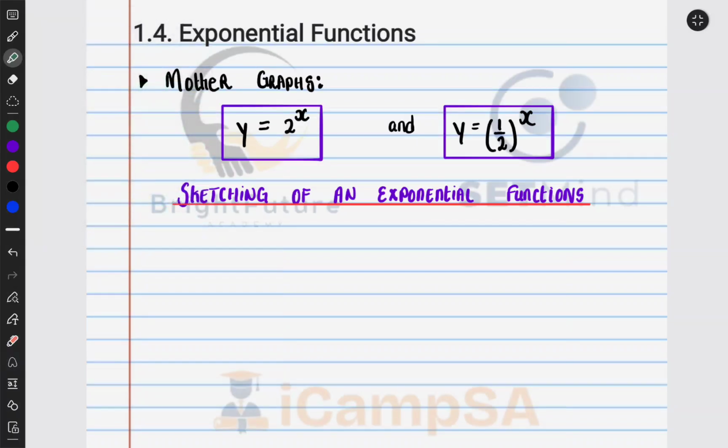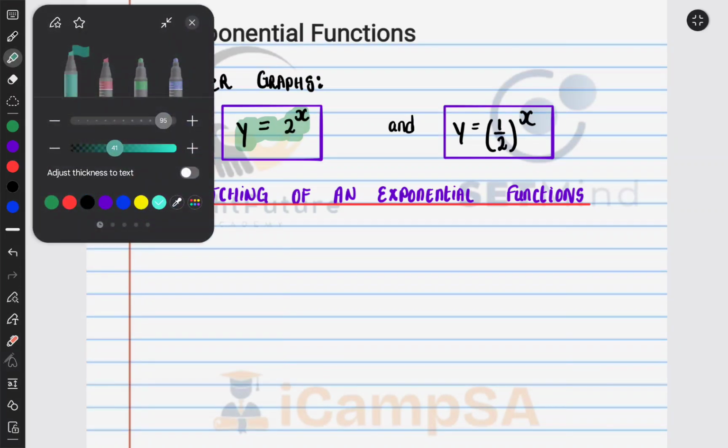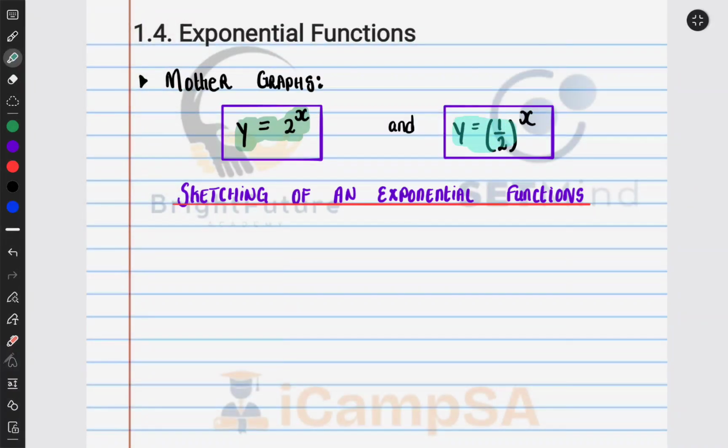This is the most basic of the exponential functions that you will find out there. The first one is y is equal to 2 to the power of x, and the second one is y is equal to 1 over 2 to the power of x.